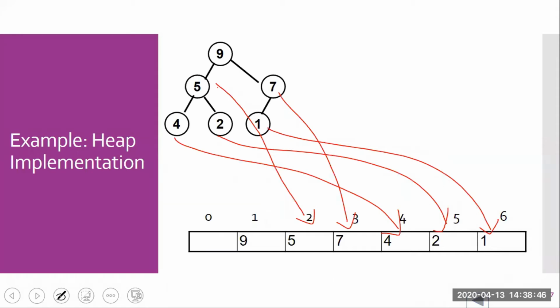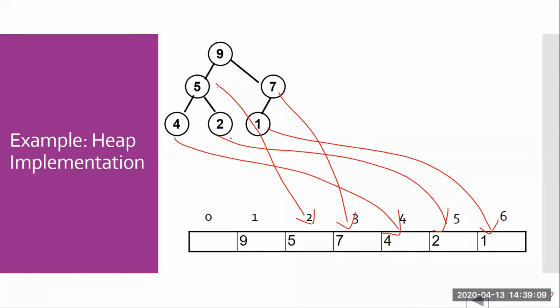Now if you see this particular figure, we can analyze a few things from this representation. The topmost or root element is the very first element in the array. The root of the left subtree is the second element. The root of the right subtree is the third element.